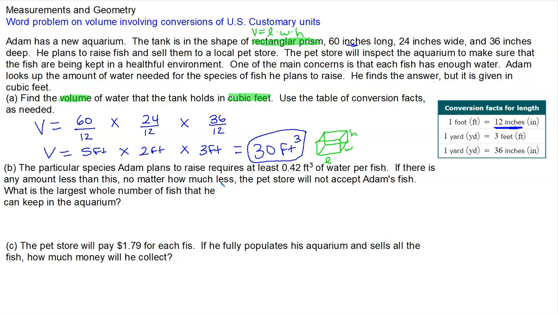What needs to happen here is we take how much water we have, which is the 30 cubic feet, and divide by the 0.42, the 42 hundredths. This will tell us, if we divide our total water by this, how many fish that will be.